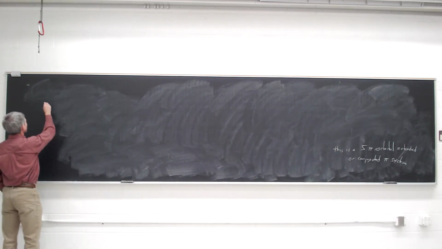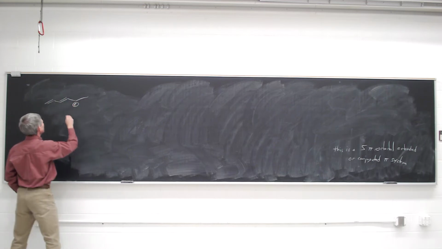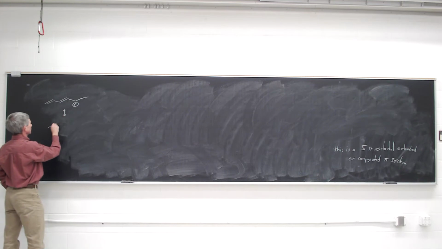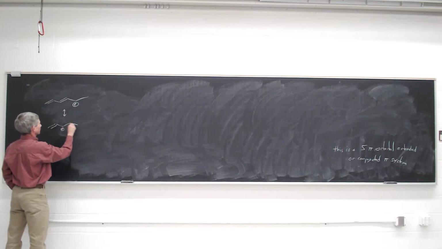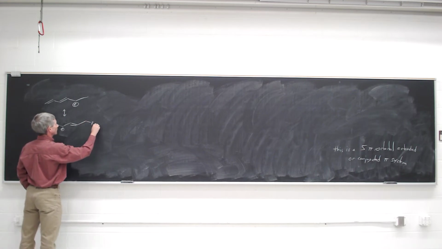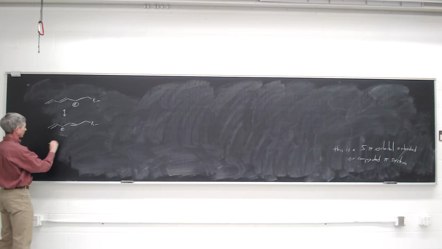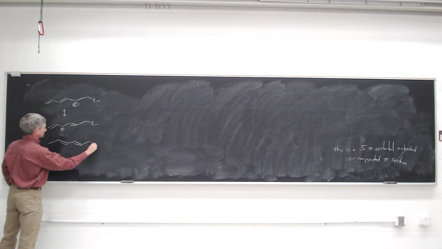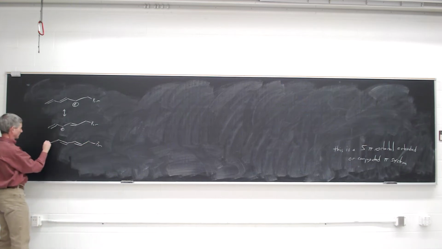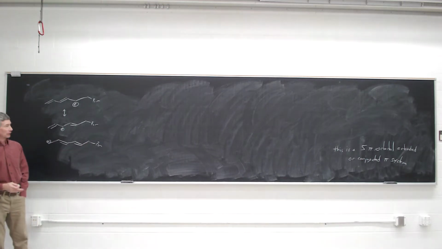So what we want to look at is the orbital energy diagram for this 5 pi orbital system. And the fact that there's a CH2Br here on the end is largely irrelevant.